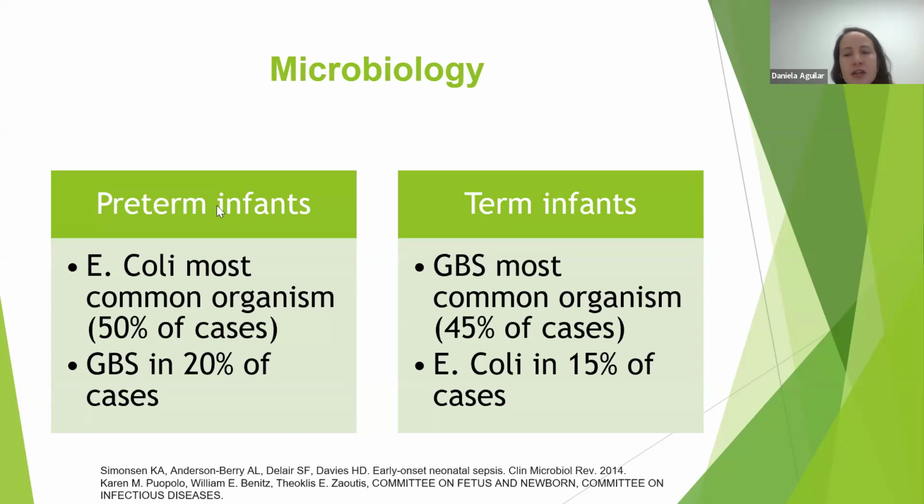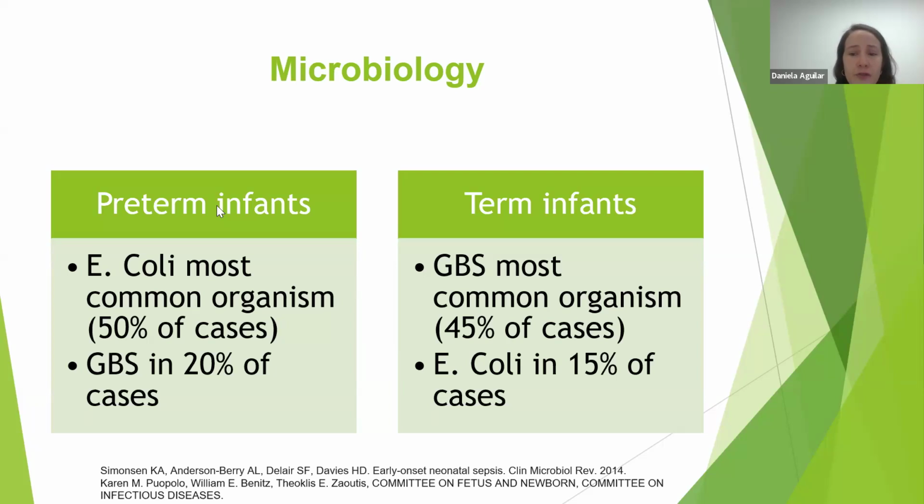E. coli is isolated in 50% of preterm infants, and GBS is isolated in 20% of early onset sepsis cases. 10% of cases are caused by other gram-positive organisms, and 20% are caused by other gram-negative organisms. Staphylococcus aureus and Listeria are uncommon causes of preterm early onset sepsis.